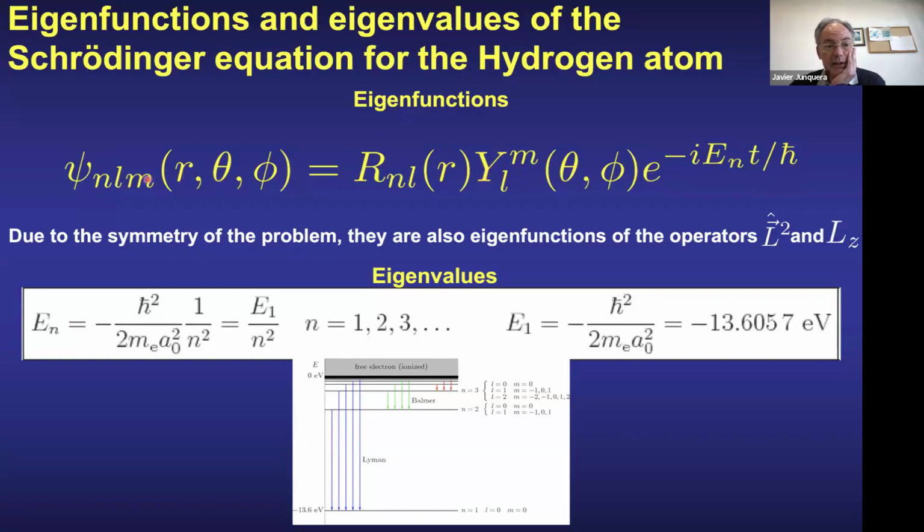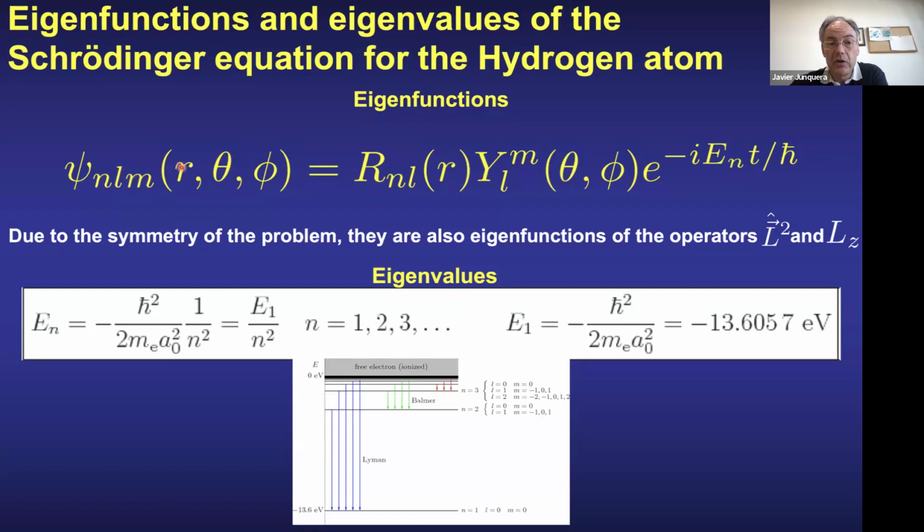So I can label the different states of my system with three different quantum numbers: the principal quantum number n, the angular quantum number l, and the magnetic quantum number m.